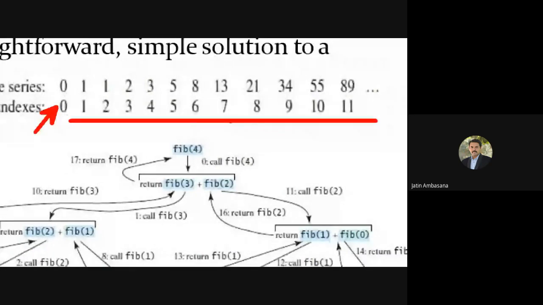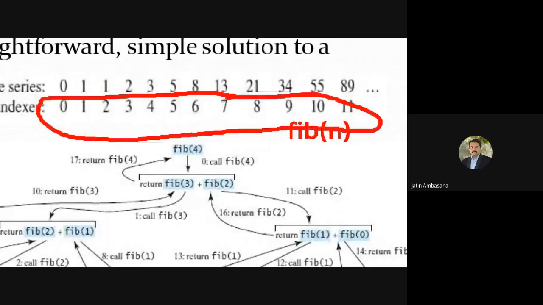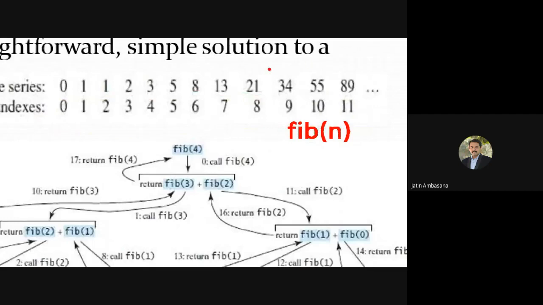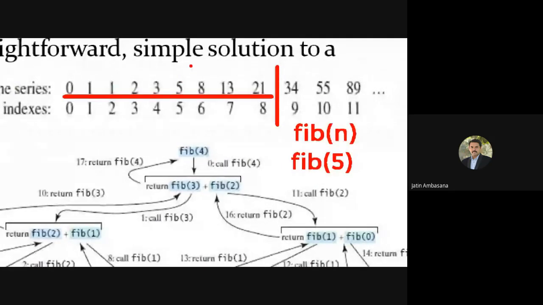So when you say Fibonacci of n, it means we are referring to any of these indices, and we want the resulting series up to that n. Suppose n is 8, then the series should start from 0 and go up to 21. If it is Fibonacci of 5, then it should start from 0 and go up to 5.